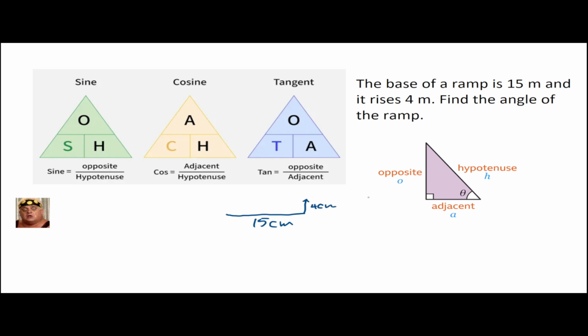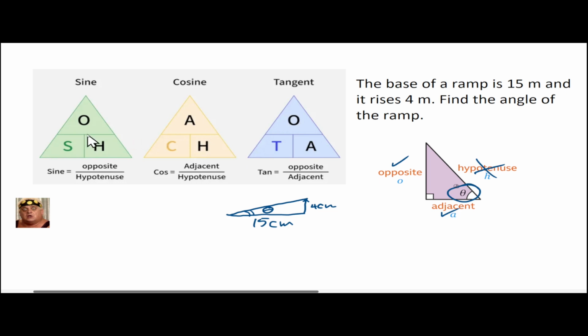And then they want you to find the angle of the ramp, which is the angle of incline. So they want you to find theta. The fact that we're looking for theta means that we're going to be using the inverse. We've got the opposite, which is 4, and we've got the adjacent, which is 15, running along the ground. We don't really care what the hypotenuse is. So opposite and adjacent is what we're working with.